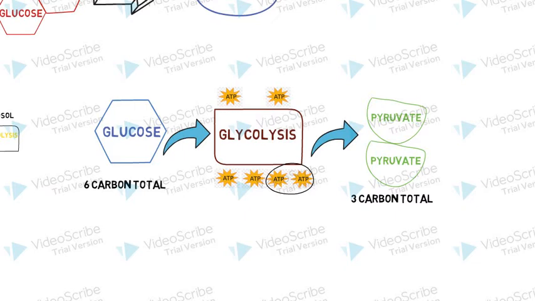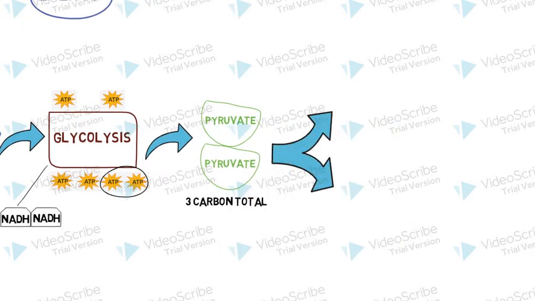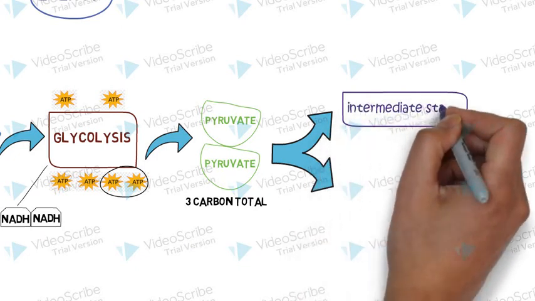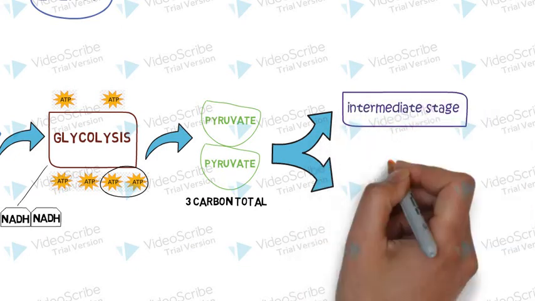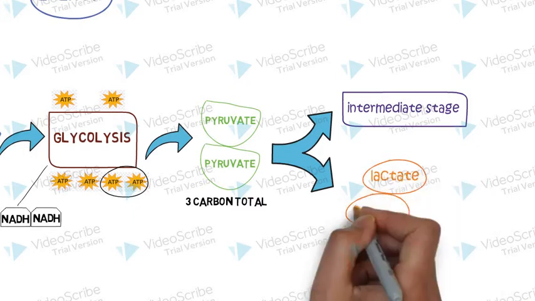Another key thing is that during glycolysis, 2 molecules of NADH are produced, and those will be used in a later process. The pyruvate has 2 pathways. If sufficient oxygen is available, it will enter the intermediate stage, and if oxygen is not available, pyruvate is converted into lactate.